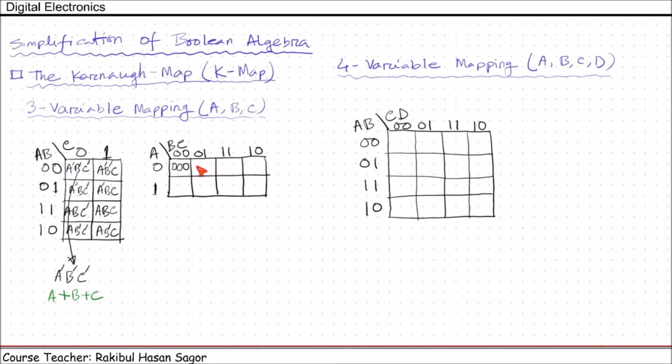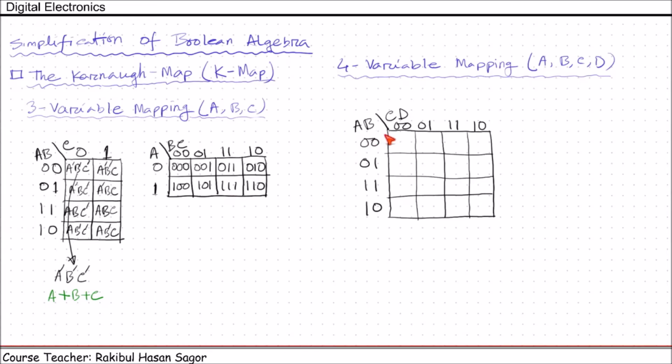This rectangle represents A equal to 0, B equal to 0, C equal to 1. This one represents A 0, B 1, C 1, and this A 0, B 1, C 0. Then this represents 1 0 0, 1 0 1, 1 1 0, 1 1 1. If you want to represent this in terms of decimal numbers, this is 0, 1, 2, 3, 4, 5, 6, 7. 1 1 1 means 7 in decimal.